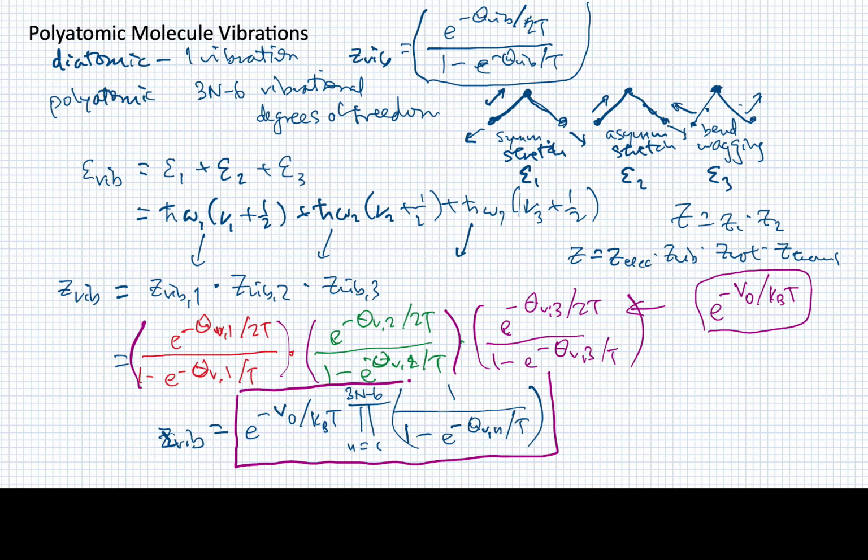There's no shortcuts here, unfortunately, and so in this case we just have to deal with each of the modes. Now, one of the things that I want to really emphasize here is that each of these vibrational modes has its own unique frequency. So when I talk up here about water, these three modes, the symmetric stretch, the asymmetric stretch, and the bend or the wagging, are all different frequencies. So they will all have their own individual vibrational temperatures, again defined by this h bar omega over the Boltzmann constant.